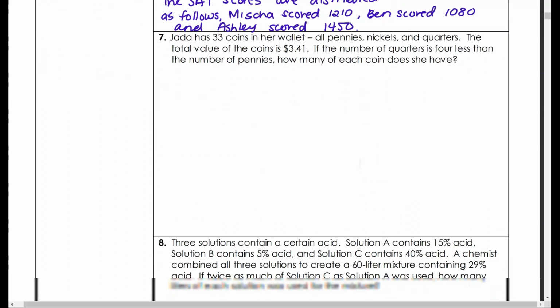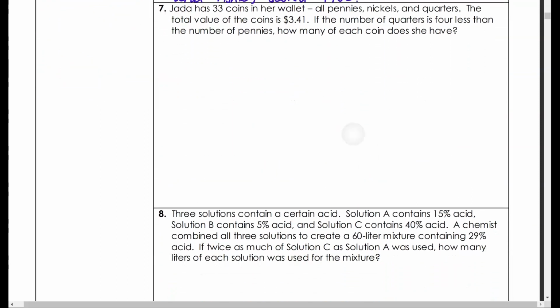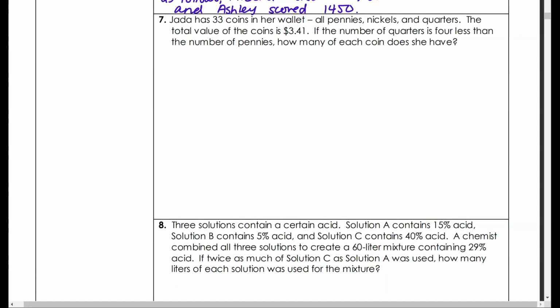All right, let's take a look at this next one. So now we're looking at coins in our wallets again, except compared to that last example, this one has an additional quantity because we have pennies, nickels, and quarters. So we're going to have to break this up into nickels, pennies, and quarters.